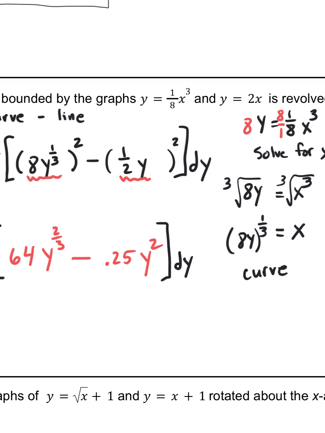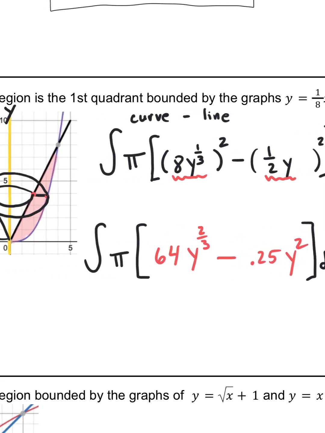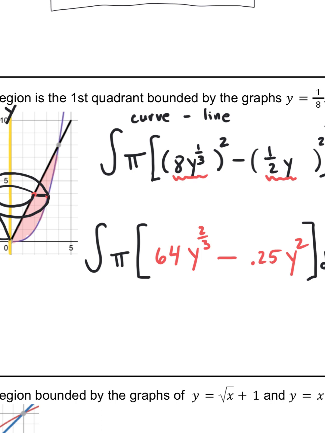All right, now we need our limits to complete our definite integral. Let's go over to the picture. The limits are along the axis of rotation, so they are from low to high. This point right here, of course, is (0, 0). We need the y value. So our left endpoint is 0.